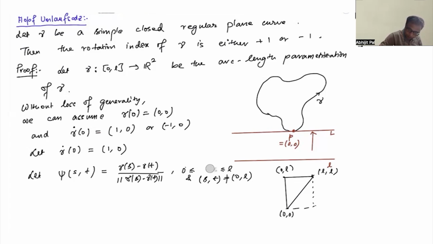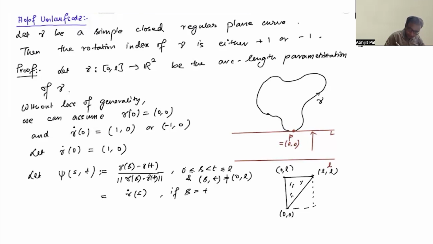Here it should be s less than or equal to t less than or equal to L. Psi is defined on this triangle as follows, and it is equal to gamma dot s if s is equal to t.